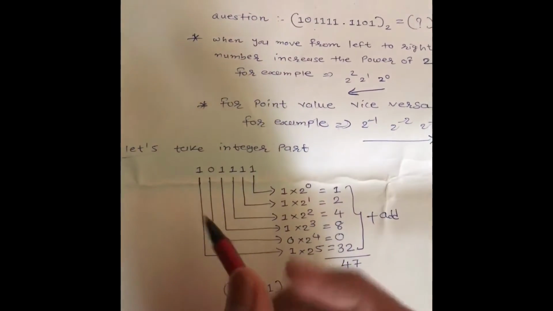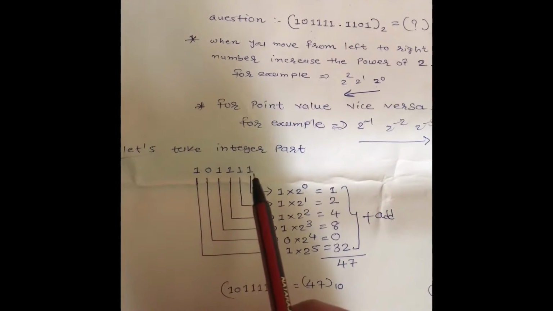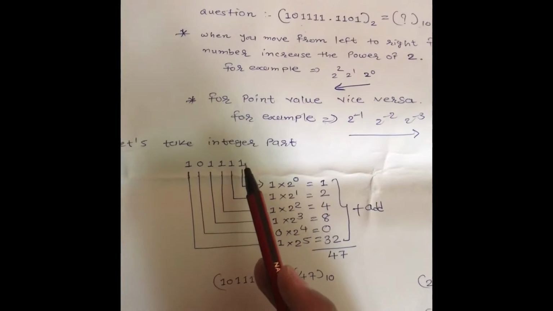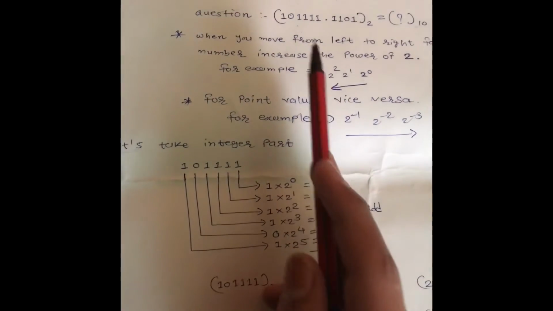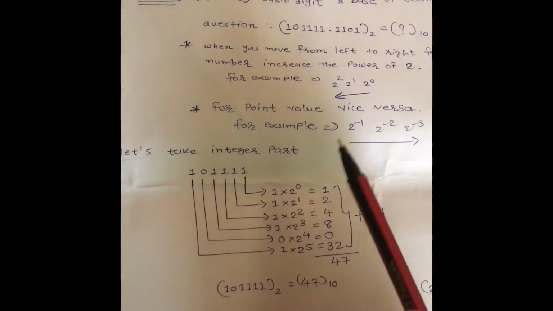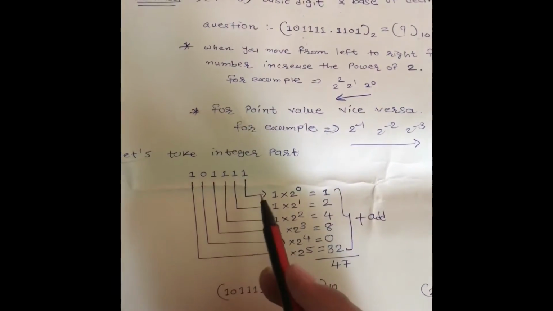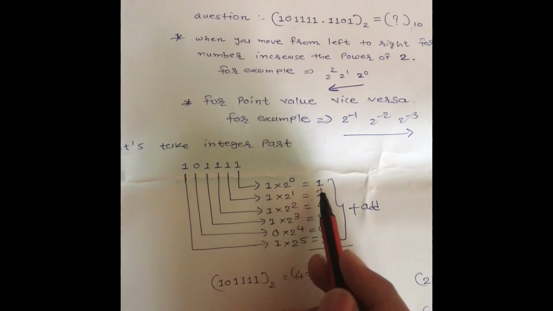So that is 1 0 1 1 1 1. As we move from right to left, we need to increase the power of 2, as I have mentioned over here. So guys, please take a screenshot. As soon as you move right to left, you have to increase the power of 2.